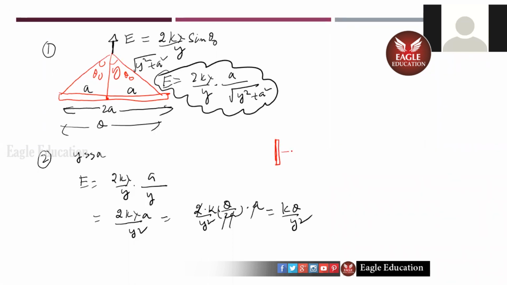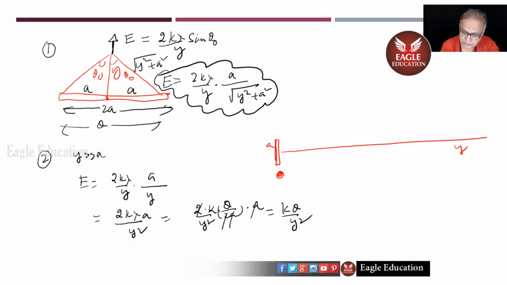So for a very, very large distance y, listen, when y is very large compared to a, this is almost like a point charge Q. At a distance y, E will be kq by y square.